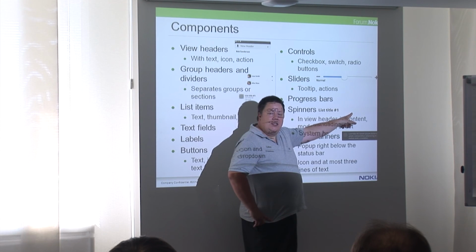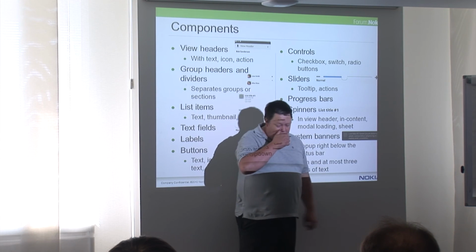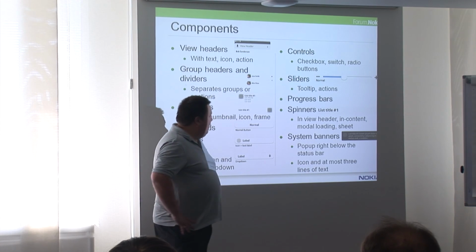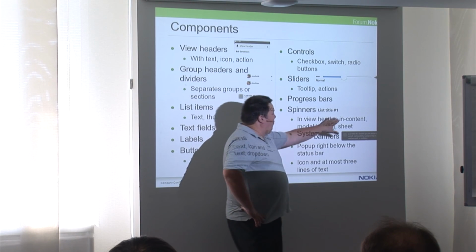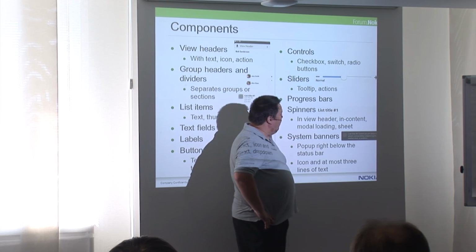We have a list item. We could have, for example, an application which shows images, and we are loading the images over a network. And those of you who know QML know that images can be loaded in an asynchronous way, and we can show for each image list item whether it is loaded or not, if the loading is complete.